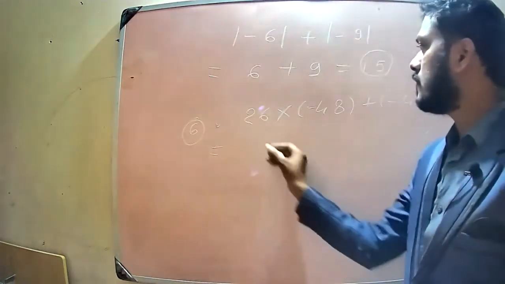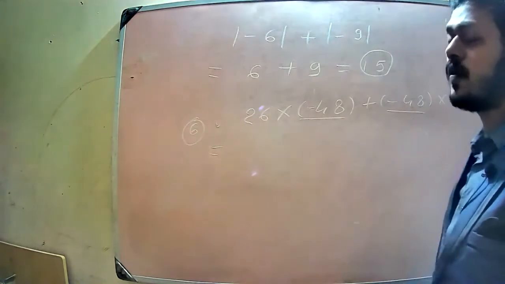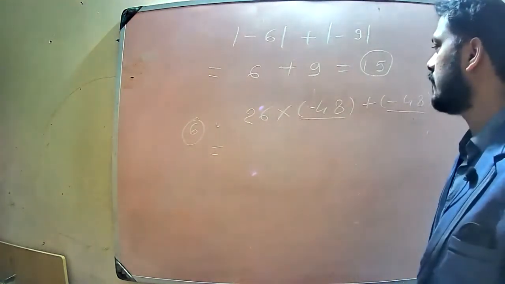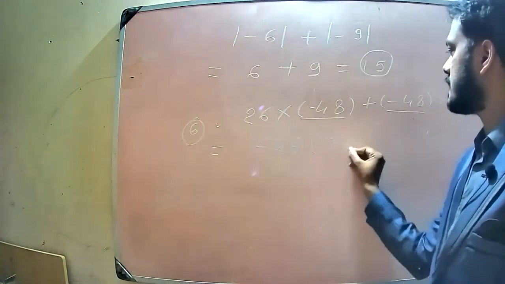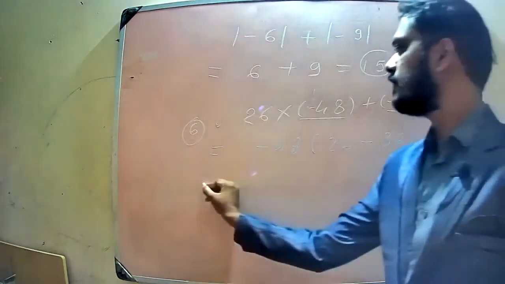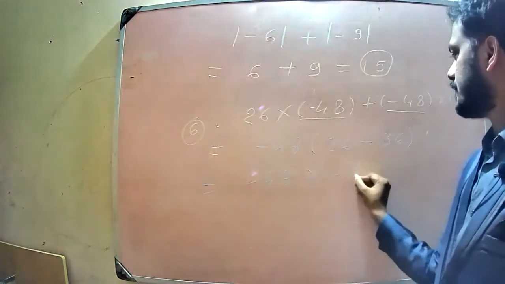But to recall your concept here, -48 is a common number. So we can take -48 common. So -48 and 26, and the remaining value is -36. So that becomes -48 into -10.